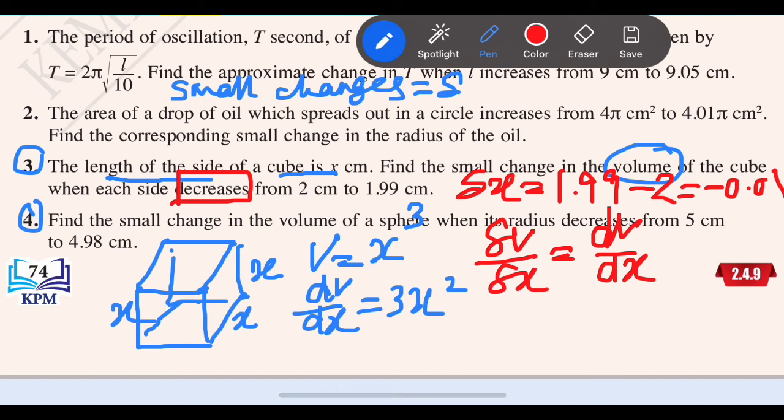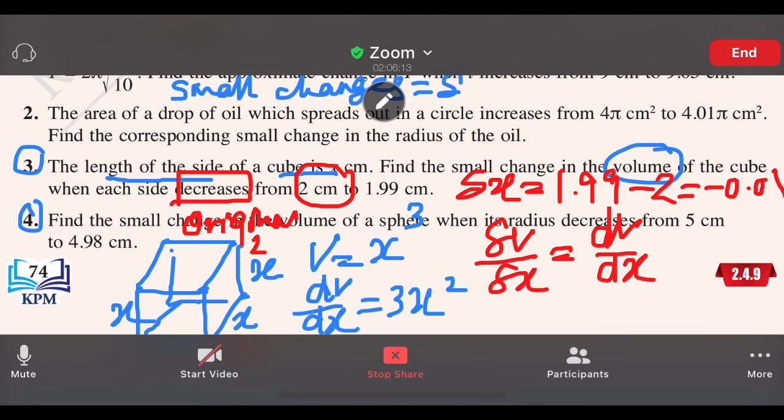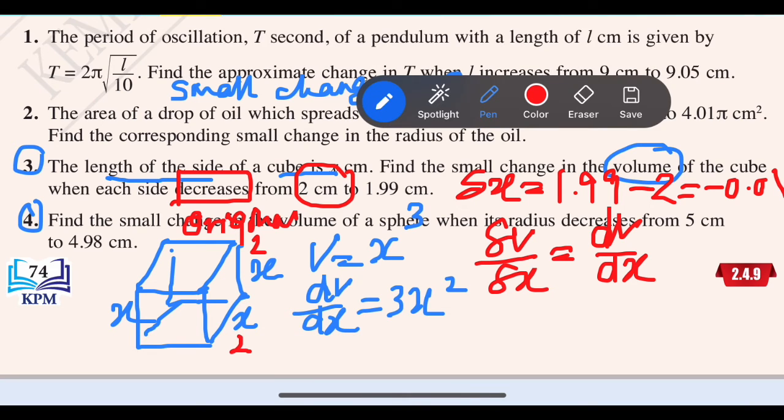So you should take 1.99 minus 2, which is negative 0.01. Remember, the small change is always after changes minus the original value, or after changes minus before changes. After changes is 1.99, before change is 2, the original length of the side.